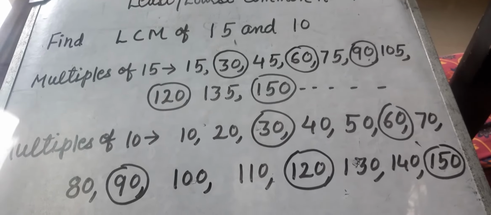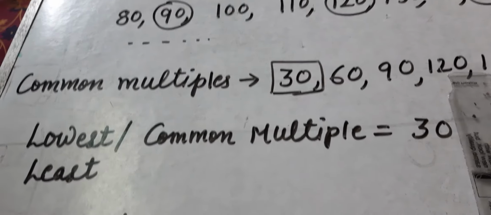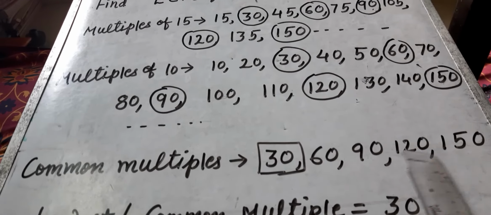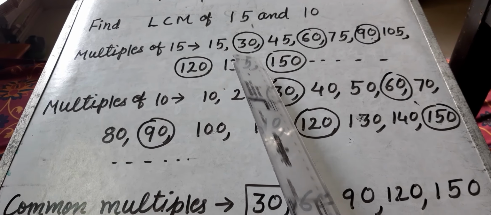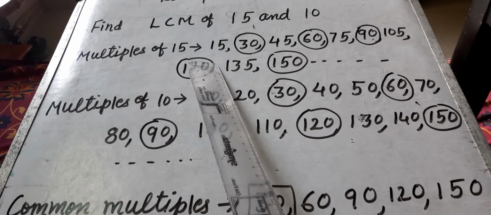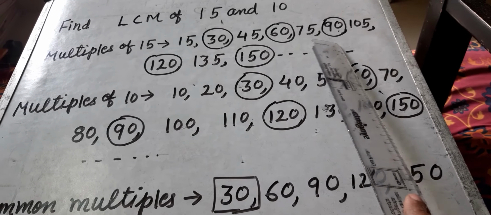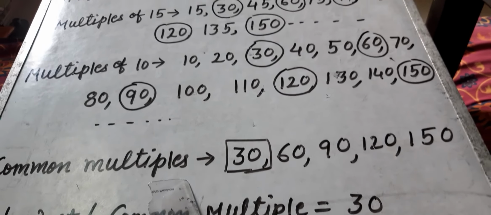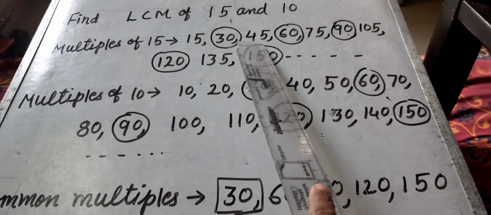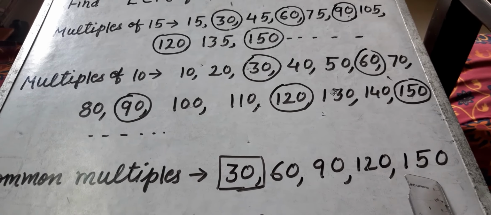After finding multiples of both the numbers, we have to find common multiples. Common multiples means those which are in both. We have circled here, 30 is common in both, in 15's multiples and in 10's multiples also. In this manner we have circled the common multiples and written here: common multiples of 15 and 10 are 30, 60, 90, 120 and 150.